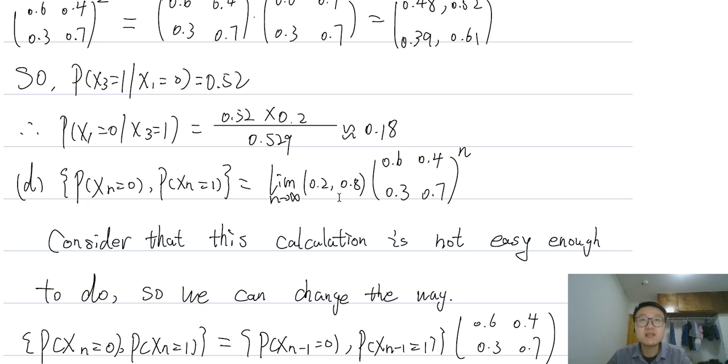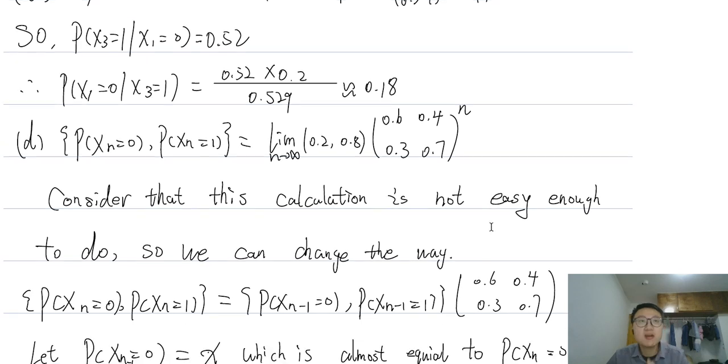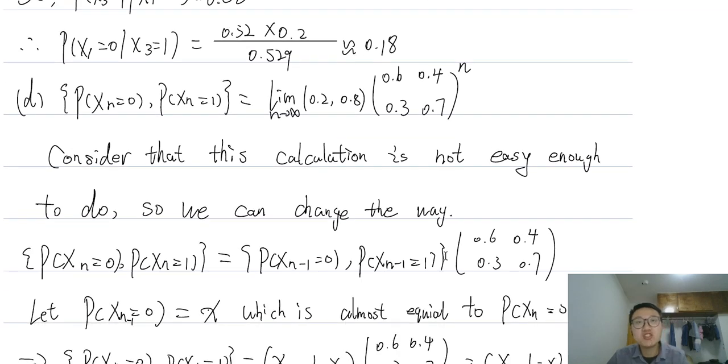This is the probability when x1 equals 0 and 1, and I can consider it like a passing variable, right?